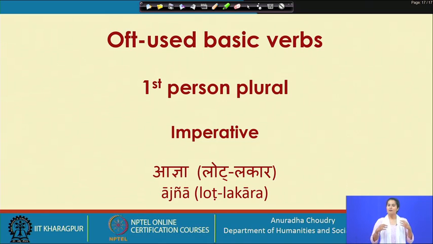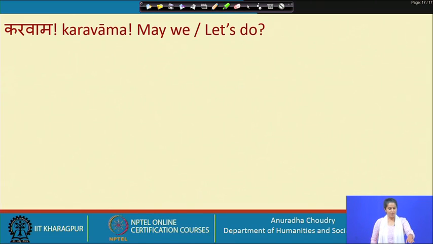We have vayam kurmaha in the present tense, and in the imperative it becomes vayam karavama. So kurmaha in the first person plural imperative becomes karavama, which means may we or let's do.